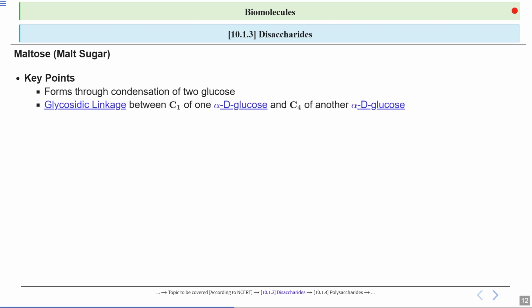The bond that connects these glucose molecules is called a glycosidic linkage. The bond forms between carbon 1 of alpha D glucose and carbon 4 of another alpha D glucose.